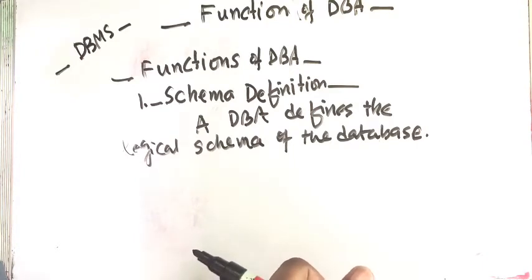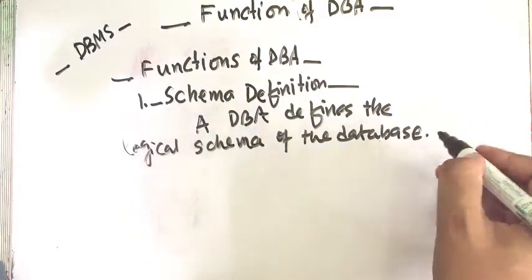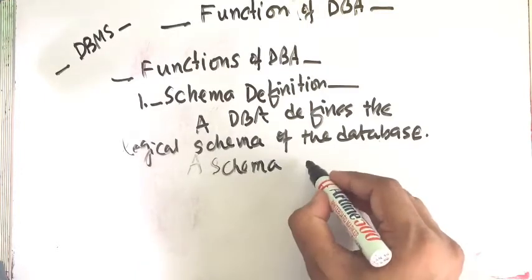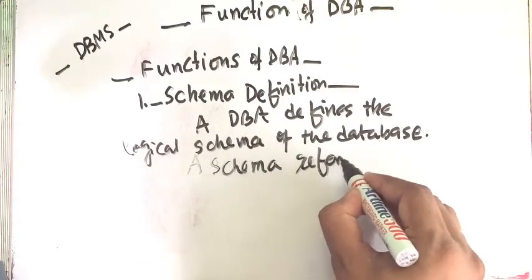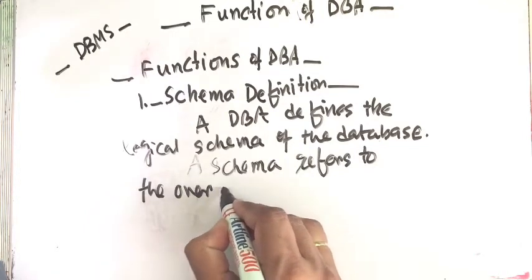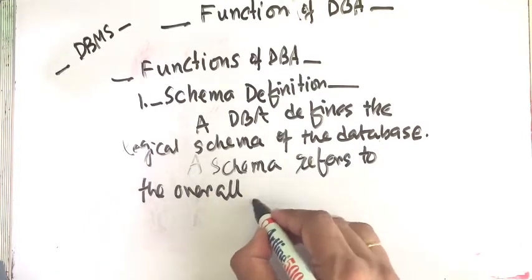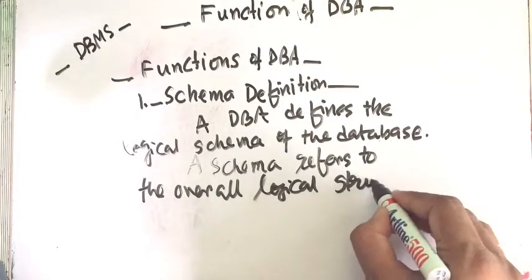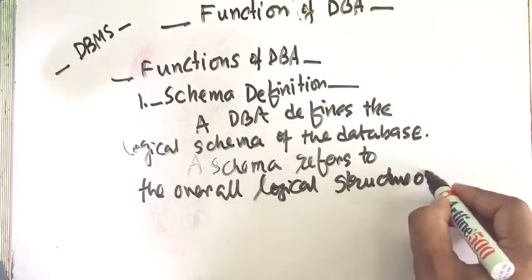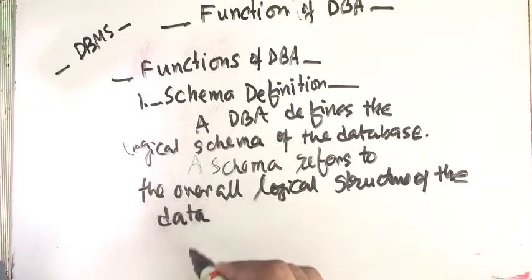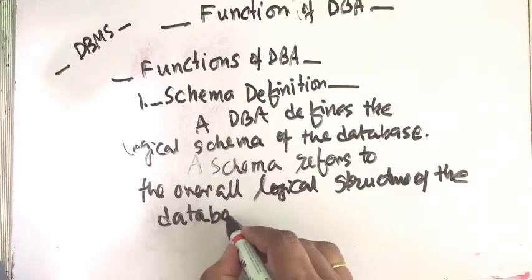According to the organization, the DBA designs the structure. A schema refers to the overall logical structure of the database.